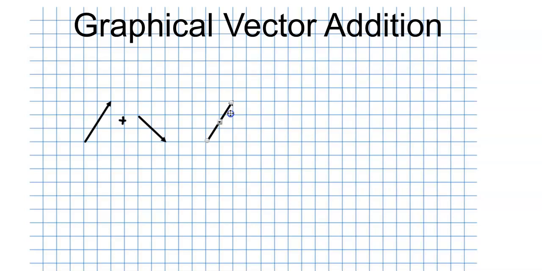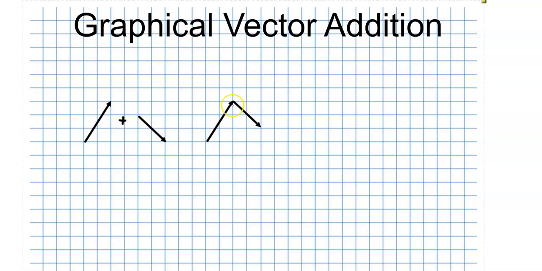or one of the ways you could do that, excuse me. There we go. Alright, so you could add those together, and then basically you go head to tail. So you put one vector.